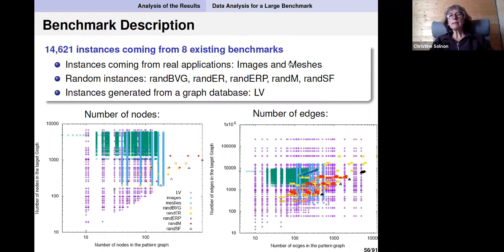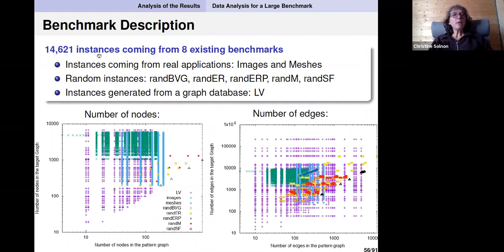And we have added instances coming from real applications to try to broaden the study. But we will see that the conclusions strongly depend and are different from one benchmark to another. So choosing the benchmark allows you to choose your conclusions, but this is not a good practice, and you should consider as many benchmarks as possible.